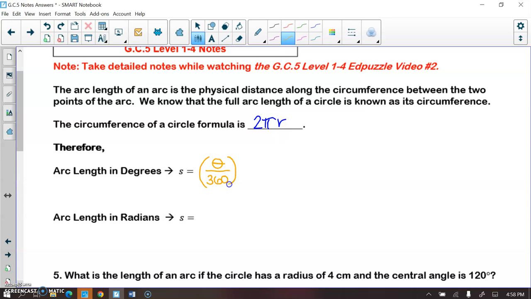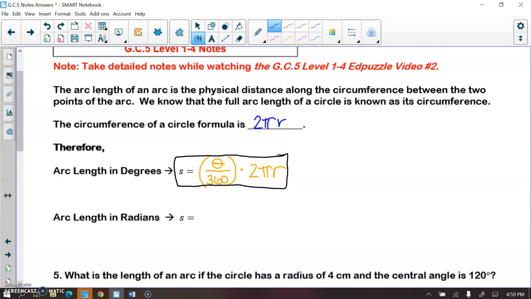This would give me the fraction of the circle that I am trying to find the arc length of. And then I would multiply that fraction by the entire circumference. So this is the arc length formula if my angle was given to us in degrees.